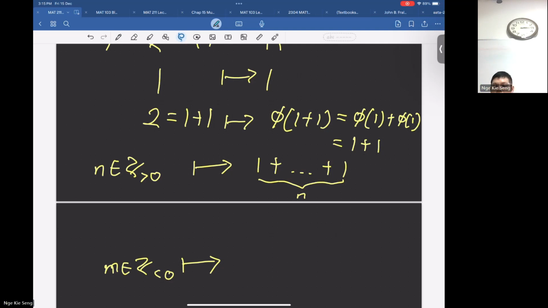Of 1? What's the additive inverse of 1? Minus 1. So do you send every negative integer to minus 1? No, right? So what should you do? Minus of phi of the absolute value of m. Right or not?